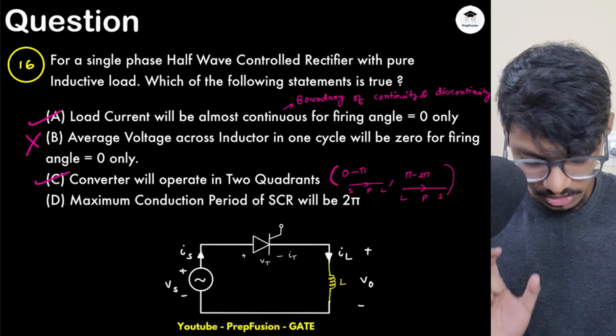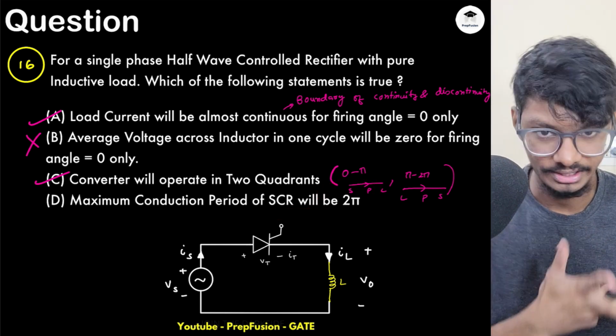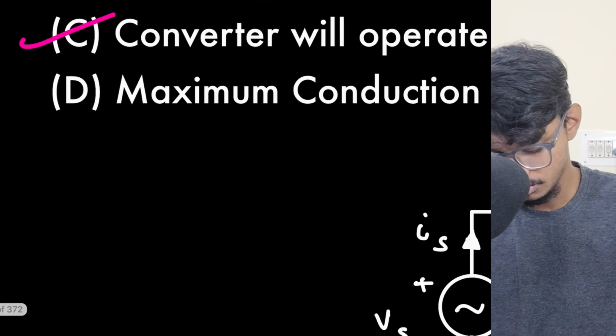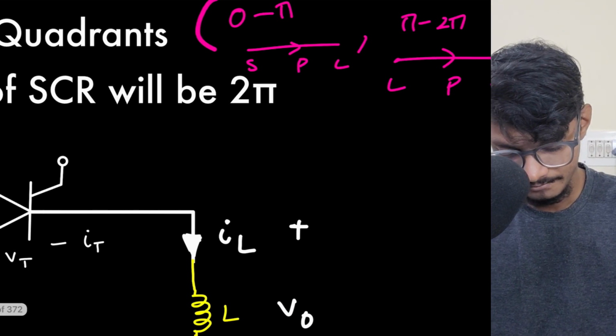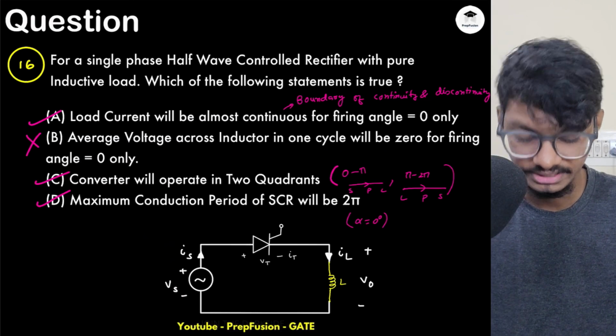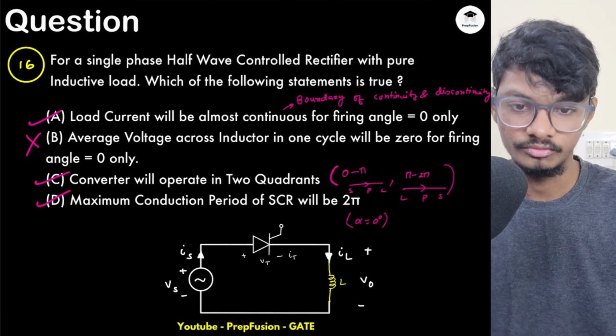The maximum conduction period of the SCR can be 2 pi. Yes, it can be 2 pi because if the SCR is triggered at omega t equals to 0, that is, if my alpha is equal to 0 degrees, then this condition can happen. I derived this in the previous lecture with a simple diode, so we can replace it with a diode.